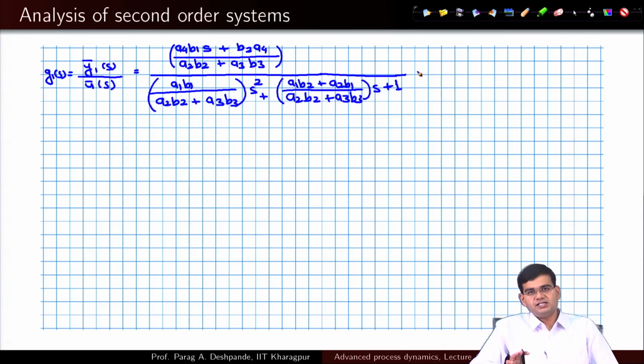So, this is the transfer function giving the dynamics of the first tank.